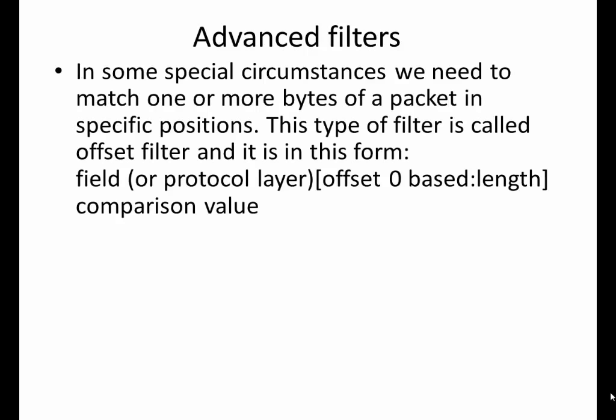So in some special circumstances, we need to match one or more bytes of a packet in a specific position. That's a bit rare, but it may be useful to know that you have this ability. This kind of filter is called an offset filter, and it is in the form field or protocol layer, offset 0 based, and the length and the comparison value.